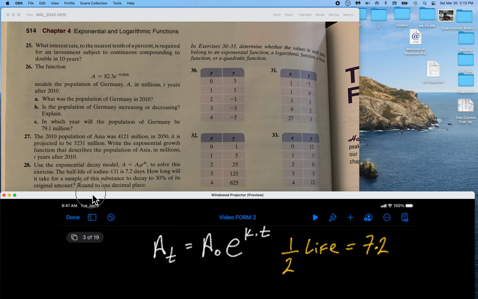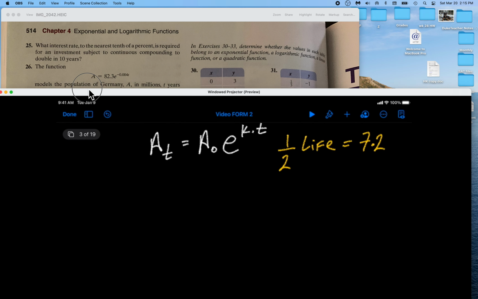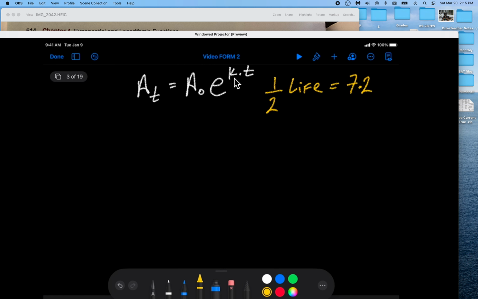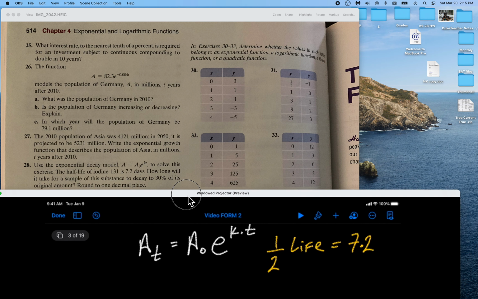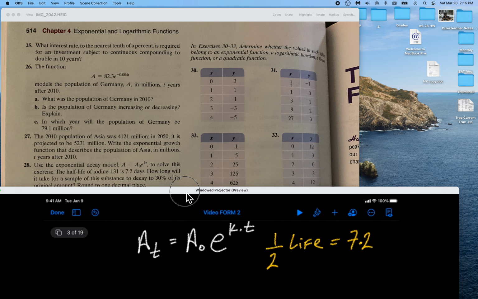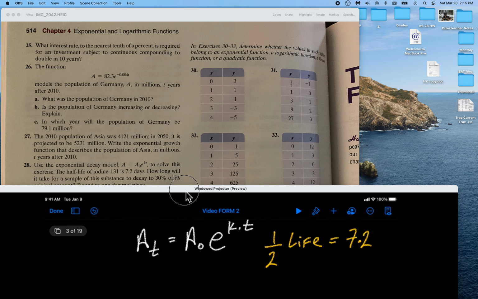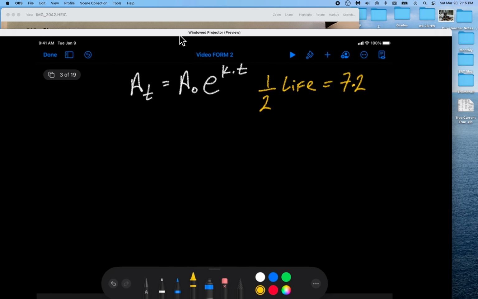All right. The whole key to these problems is to get the model. And the model equation always comes down to finding k. They're going to give you enough information at the outset to find k. All right, let me just write down the particulars here so I don't have to keep moving my screen. How long will it take to get 30% of the original amount? So t equals question when 30% of original is present.